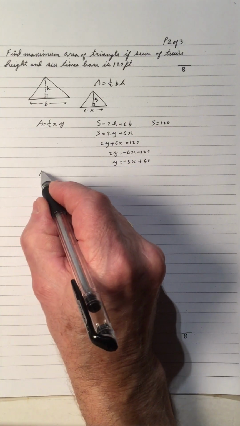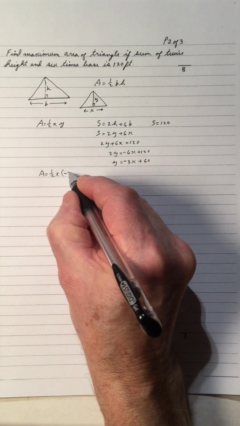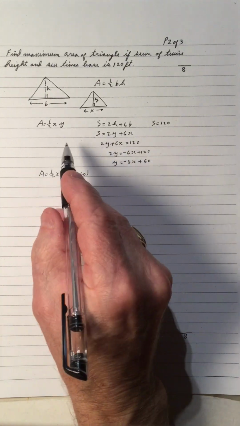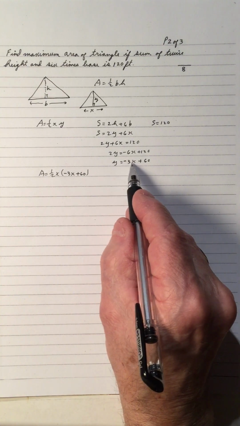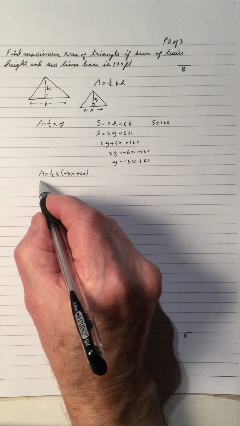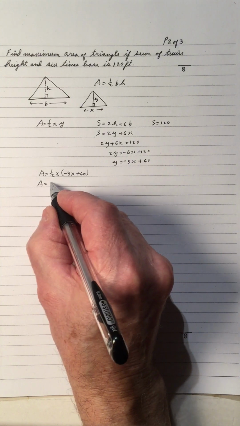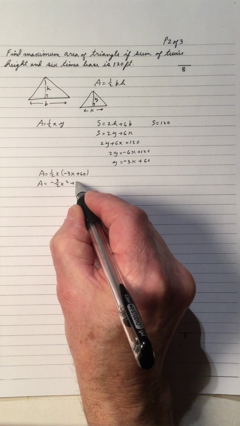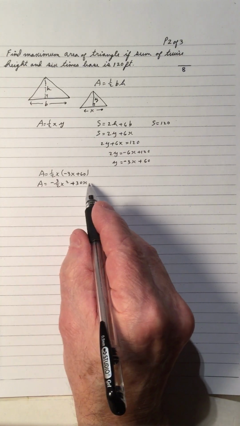So the area is a half x times y, and y is negative 3x plus 60. Now, instead of the area being a function of x and y, it is now a function of x. So half times negative 3 is negative 3 over 2 x squared plus 30x. So the area is a function of x.